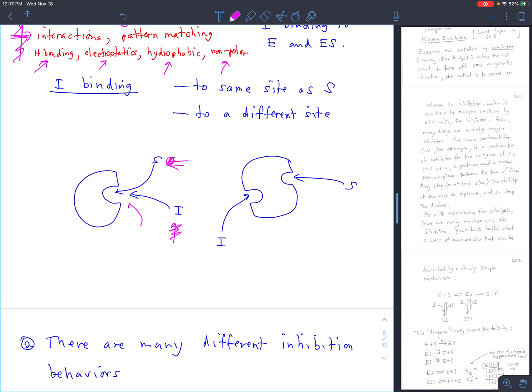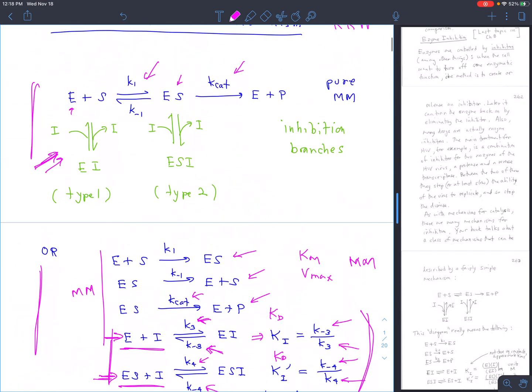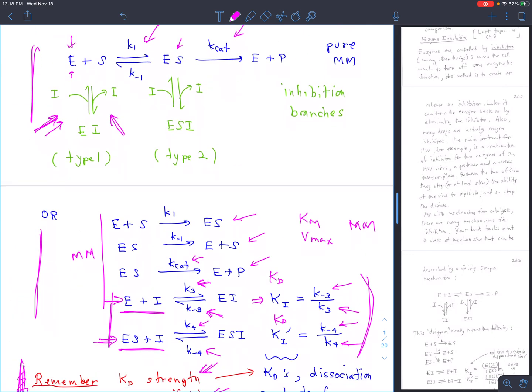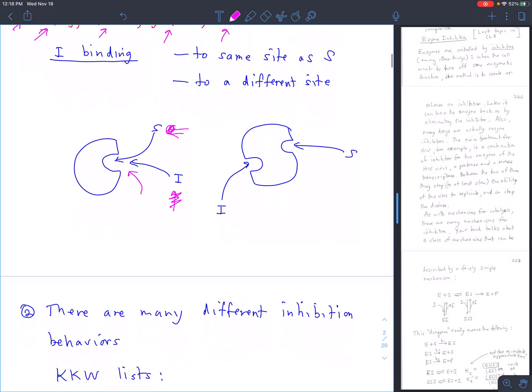It basically takes up the binding pocket and prevents the substrate from binding. So they both bind to the same site, and that would be type 1 binding, right? It's binding to the enzyme itself, not to the enzyme substrate complex. It's stopping the enzyme from binding to the substrate.